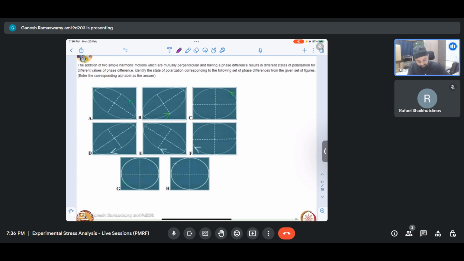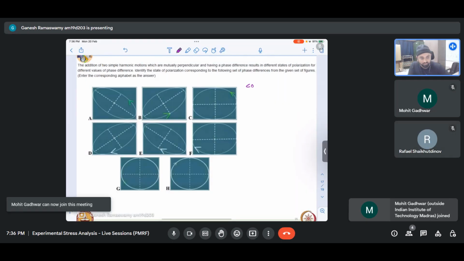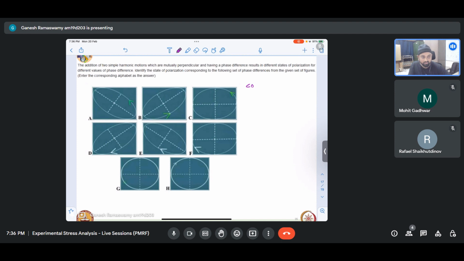So why this handedness is important is because when we were doing conventional photoelasticity, point by point, every point in the model domain, by observing, it was rather qualitative rather than exactly being quantitative, because of the subjective nature of what we are observing.